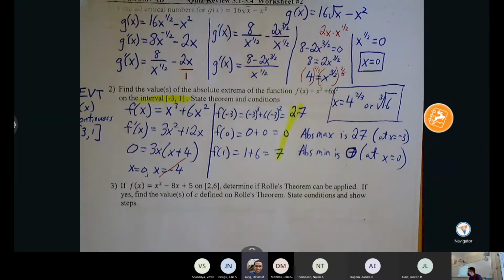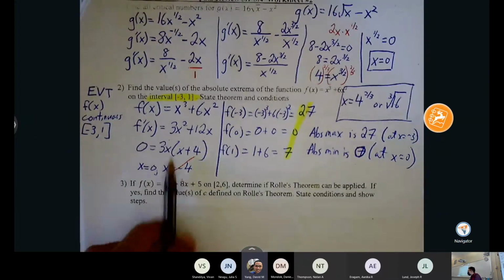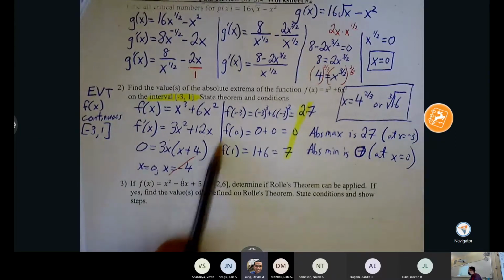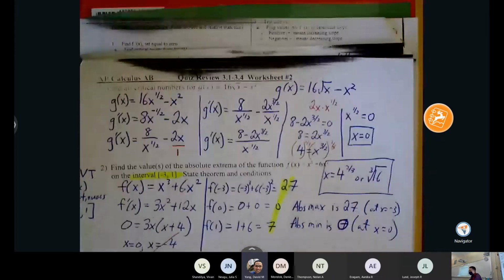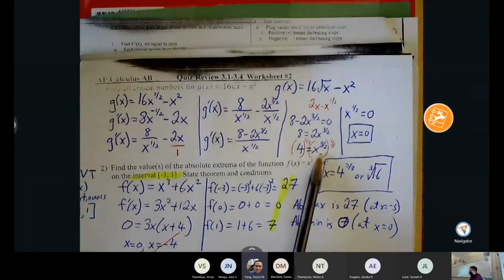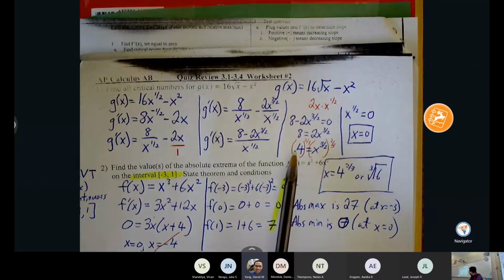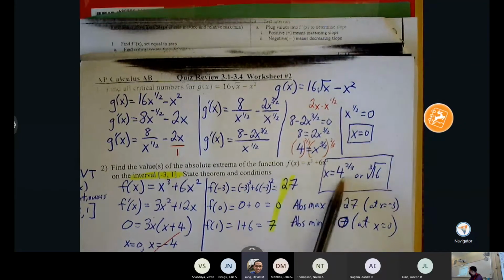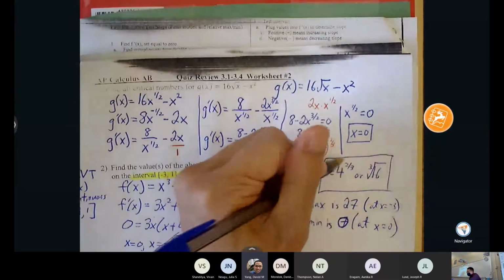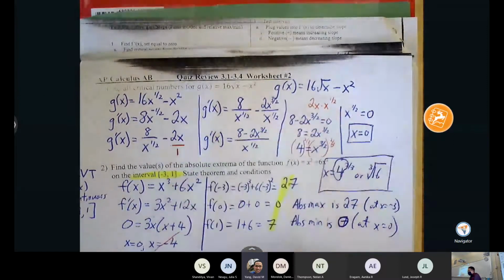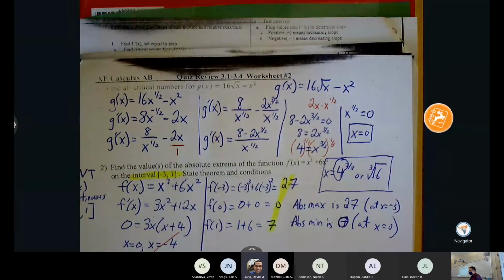All right, any questions so far? I know it's just algebra, but can you explain how you got the 4 to the power of 2 over 3? Right, this one here. Yeah, on the last one. So I want the x to be by itself. Oh, you're talking about from here to here? Yeah. Okay, so I just decided to square the 4 and leave the 3 as a cube root.